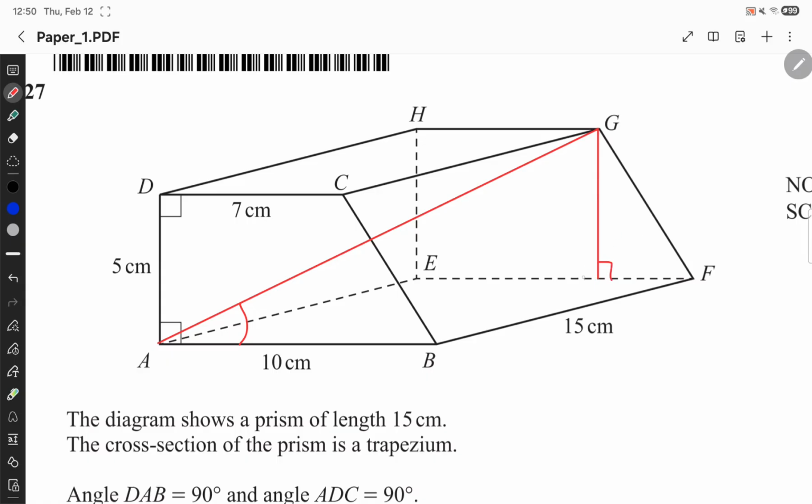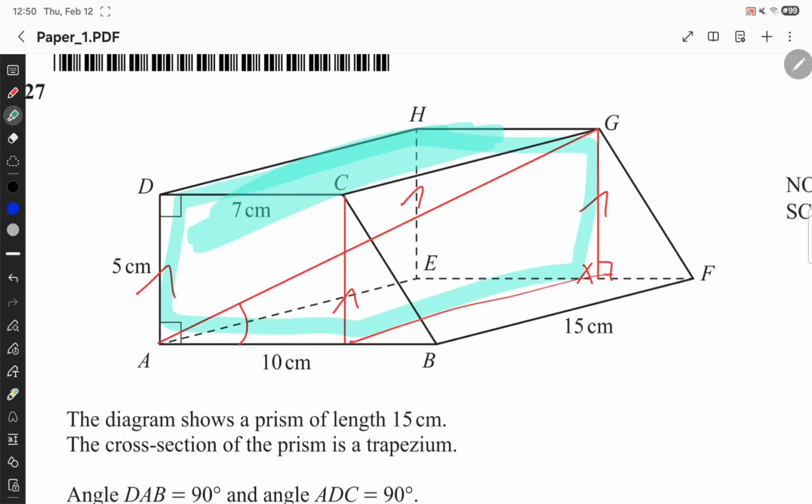Okay, this is actually, if we make a perpendicular from G downwards, let's call it x. Okay, this is the same as these four perpendiculars. So like if we see this cuboid here, this cuboid shape that we have just made, then it is this cuboid that has this angle.